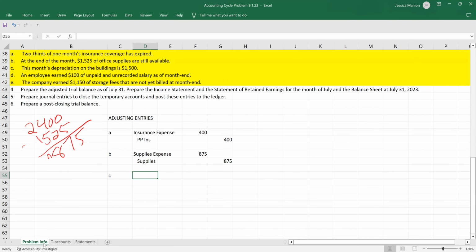Okay, they're not making us calculate anything here. They're giving us the amount. That's fine. The adjusting entry is debit depreciation expense 1,500, credit accumulated depreciation 1,500. All right, let's post this.